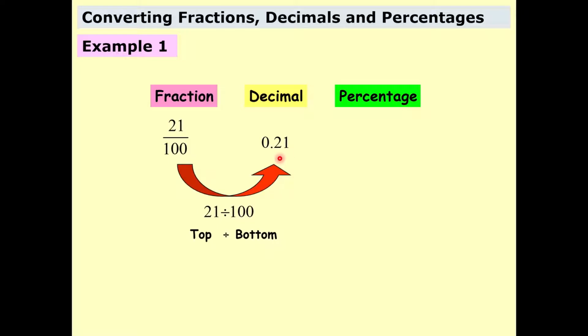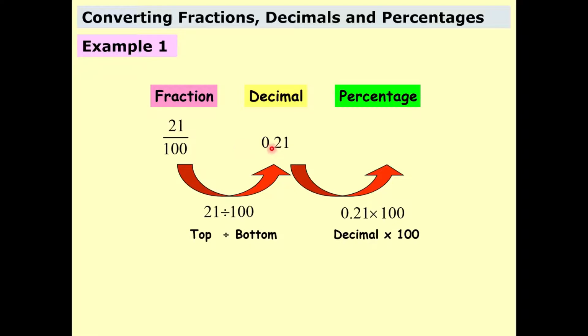And once we've changed a fraction into a decimal, to then convert a decimal into a percentage, we simply multiply that by 100. So you take your decimal and you times it by 100. And remember, when you are timesing by 100, in this case you can use a calculator, but you can also move everything 2 places to the left to multiply by 100.